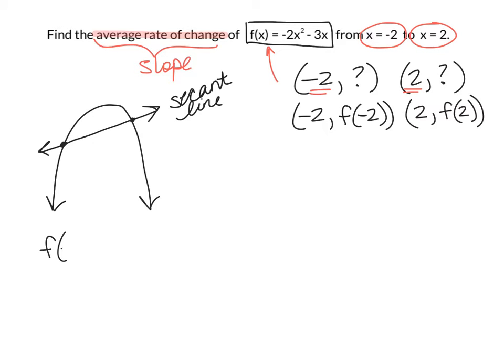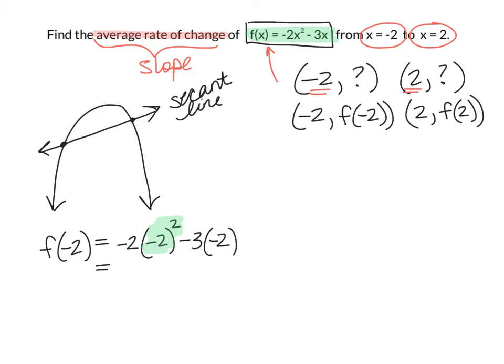Let's start by finding f of negative 2, which just means we are basically plugging negative 2 into our function here in place of x. So that's going to be negative 2 times the quantity negative 2 squared minus 3 times negative 2. Then remember, order of operations, it's really important that we always do the exponent first.